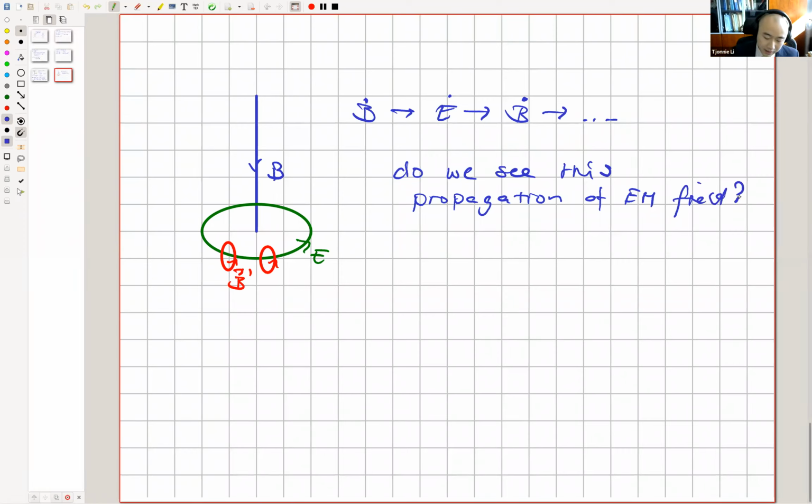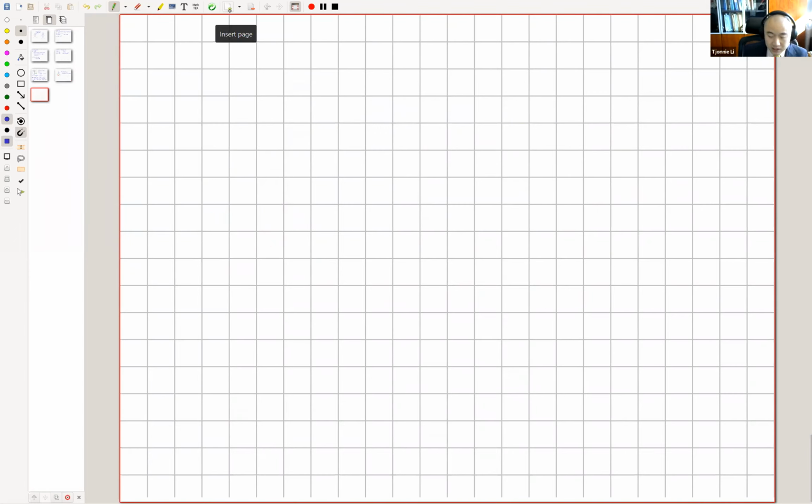So that was the central question to the Hertz experiments. The Hertz experiments were a series of experiments where Hertz, a German scientist, basically set out to confirm one of these key insights.